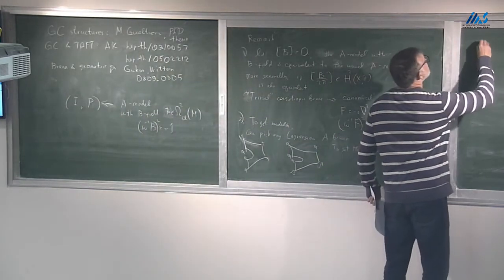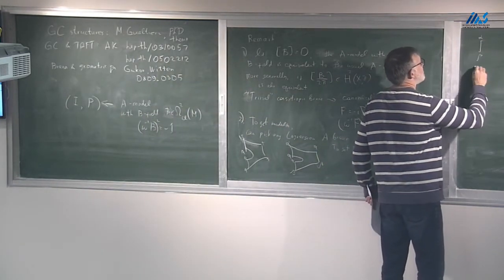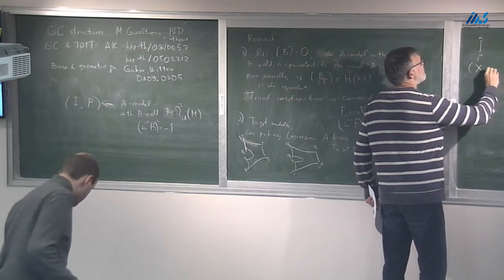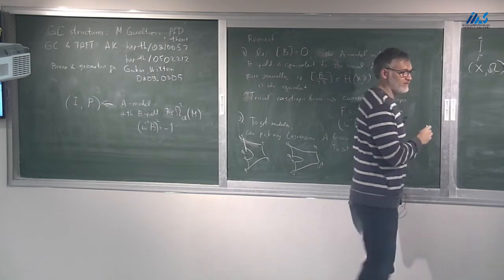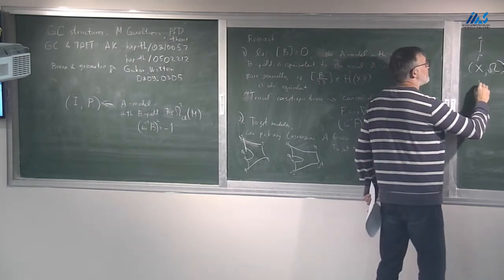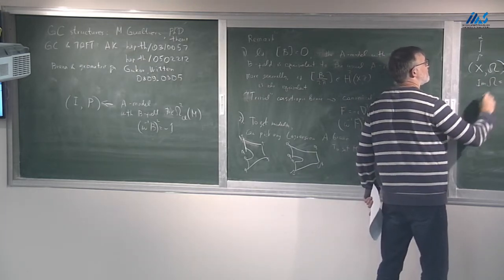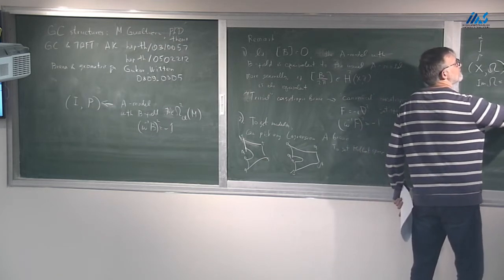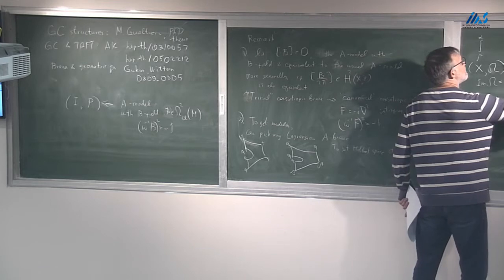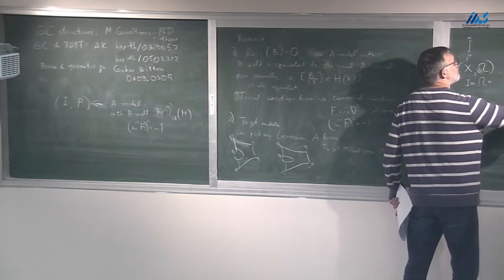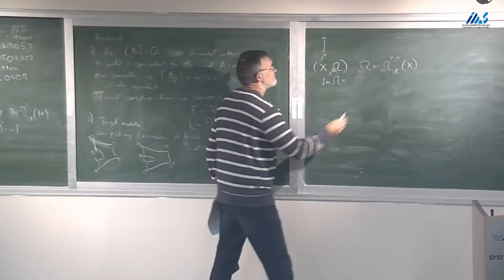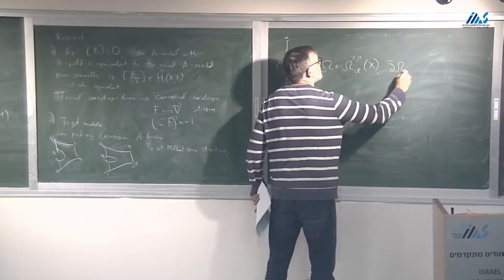Then the space attached to an interval: you have a symplectic manifold X, a complex symplectic one, with form omega, such that omega is a closed form of type (2,0), holomorphic and non-degenerate.